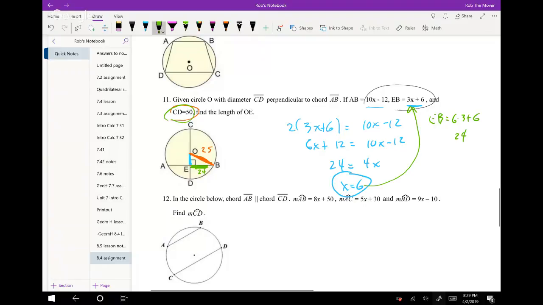And this is a right triangle where I've got a side of 25. I got a side of 24. The 25 is the hypotenuse. This is my famous 7, 24, 25 right triangle. You can go ahead and do Pythagorean theorem if you want. x squared plus 24 squared equals 25 squared. And when you work all that out, you're going to get x equals 7. I guarantee it.